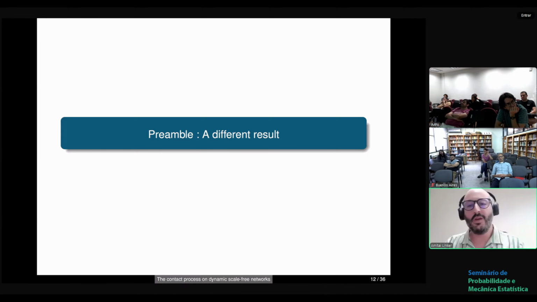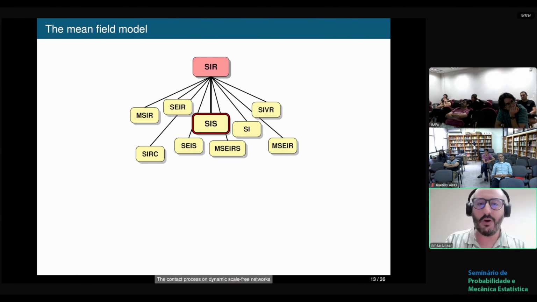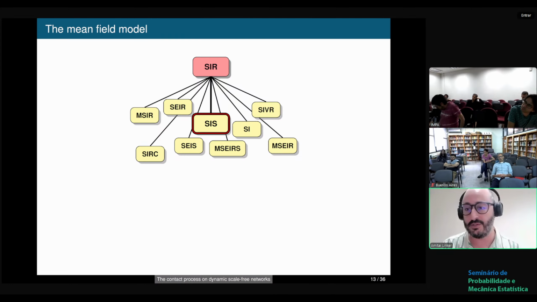Okay. Now, this is just the last leg of these preambles, right? So I'm going to be focusing on the mean field model. The mean field model is usually the one defined through differential equations, in which you don't consider the geometry of the network. These are usually called compartmental models, and these are where the first epidemiological models were considered.